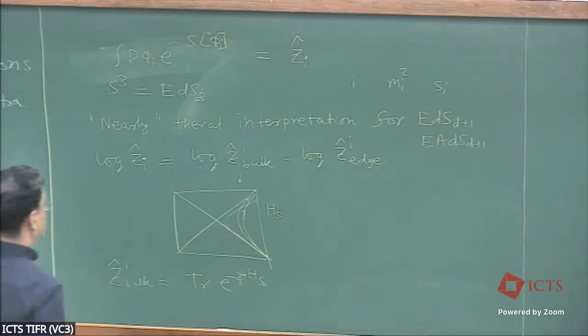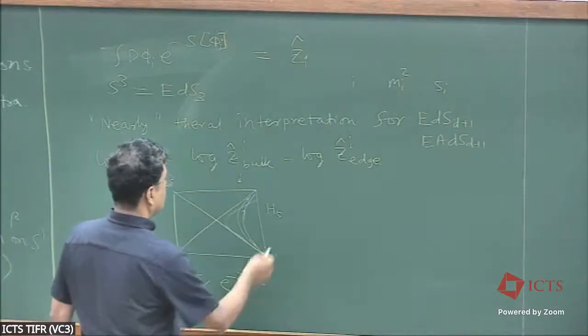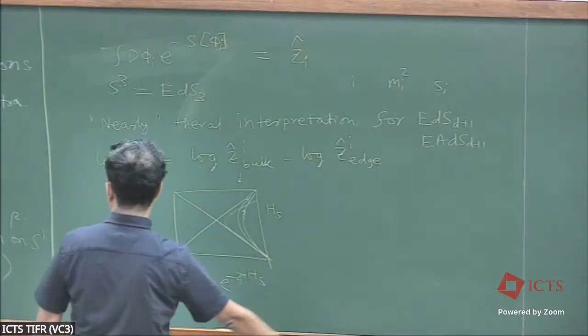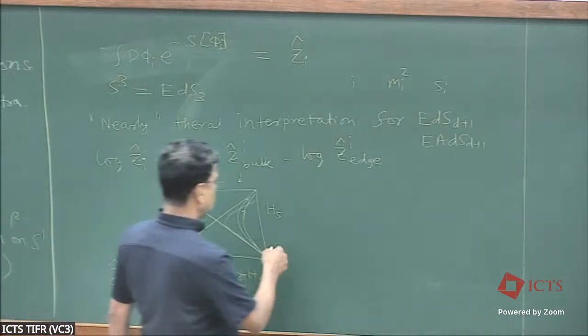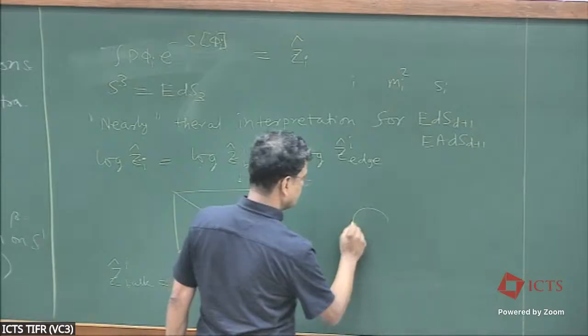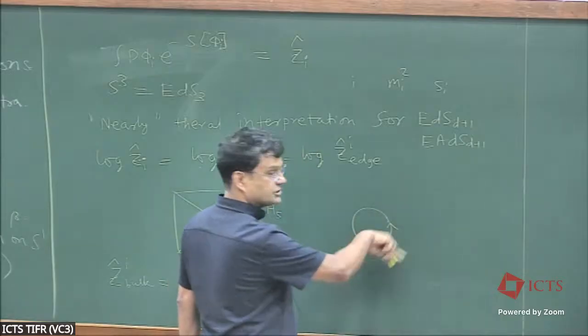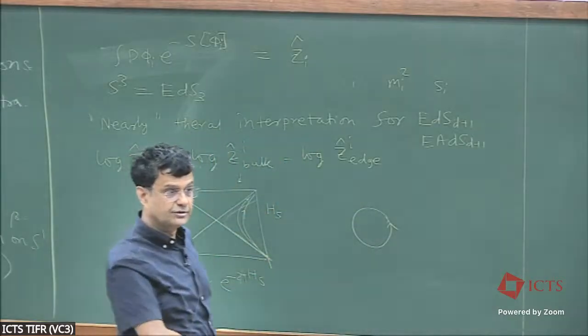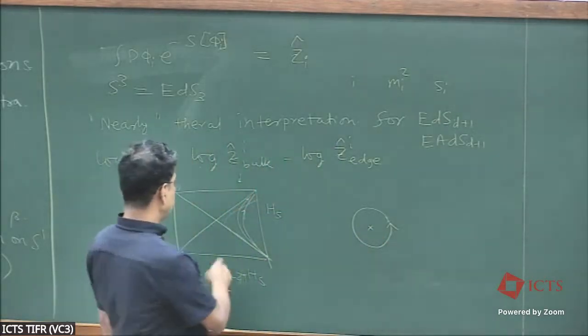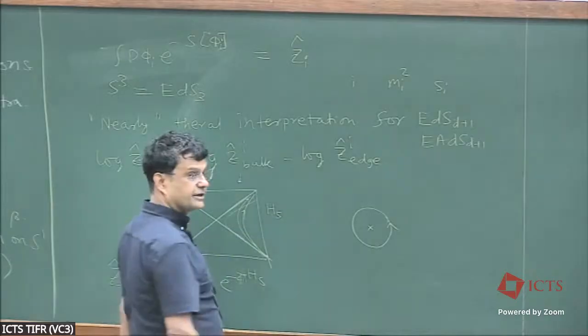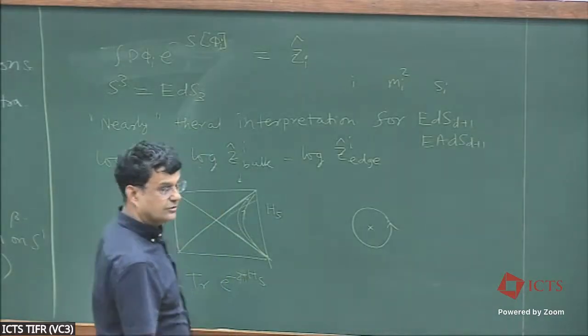And the origin is exactly what Ashok was saying: there is a fixed point in the Euclidean continuation. This is just a rotation, Hamiltonian, and there is a fixed point. And the fixed point corresponds to what is known as the bifurcate horizon in the black hole.